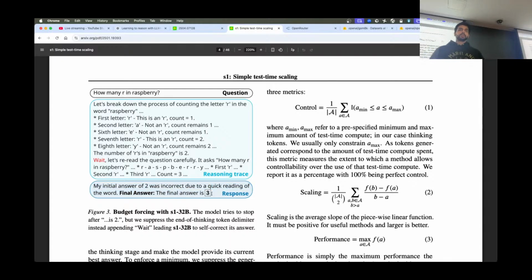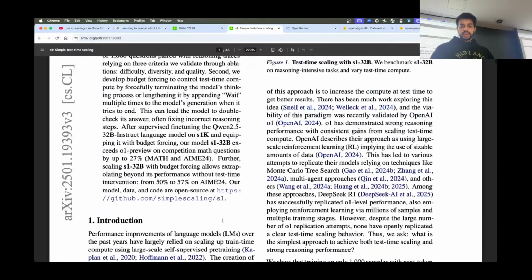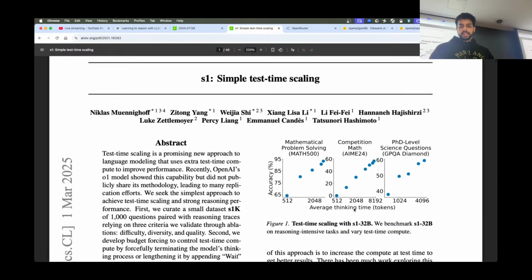So there are some debates about whether a simple strategy like this works, because they also see big gains from increasing the thinking budget by simply force generating "wait" on these tasks. I think they have a figure. Yeah, so you can look at it here. Average thinking time in tokens.